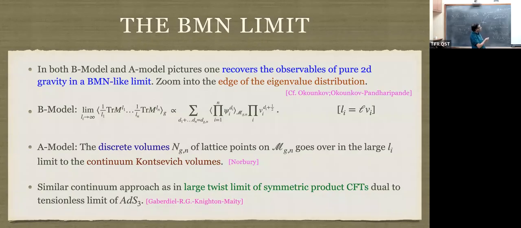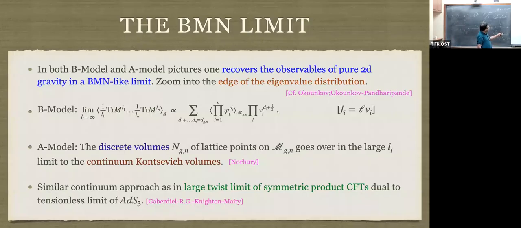These discrete volumes also go over into some kind of continuum volumes because these are counting lattice points, like the volume of a sphere you can count by just counting lattice points and taking some large limit.